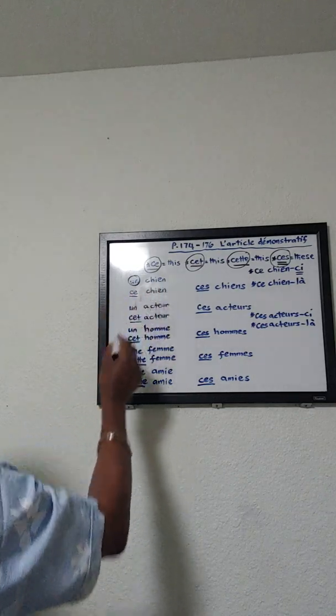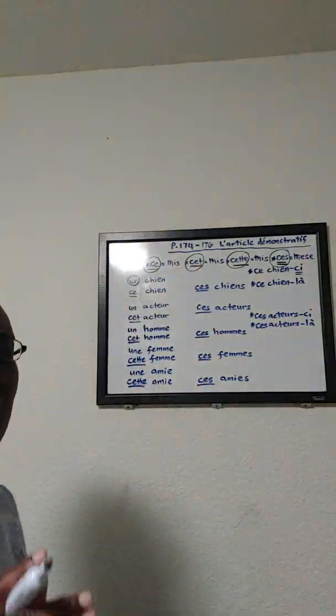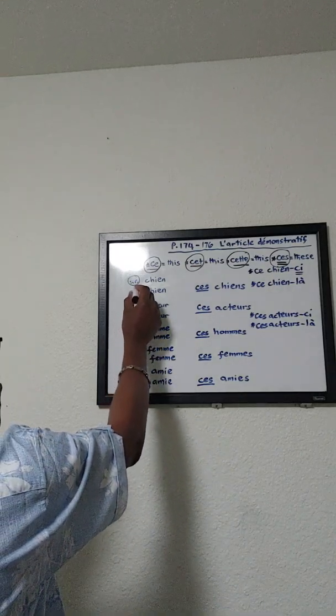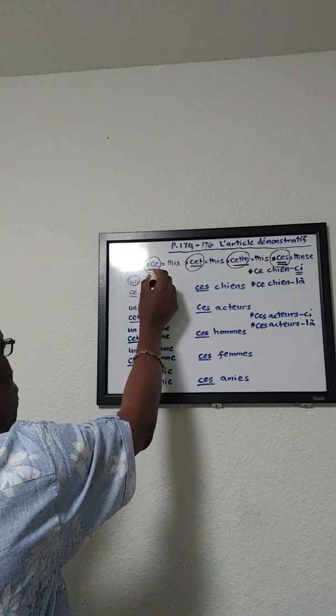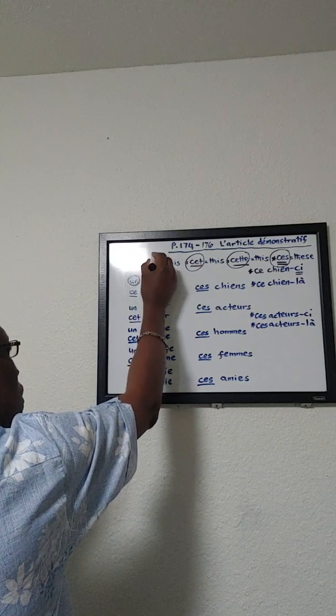Now, instead of saying a dog, you want to say this dog. So the article will change a little bit. Because we have a masculine article here, we will use ce, which is used with masculine singular nouns.